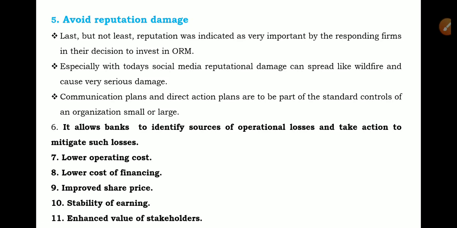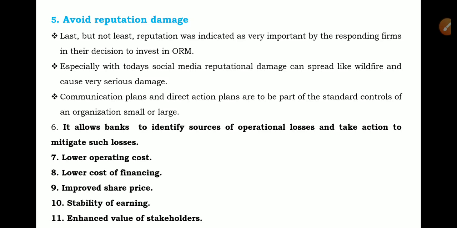And finally, through operational risk management, we can enhance the value of stakeholders. Enhancing the value of stakeholders will happen through operational risk management. So this is why we can invest in operational risk management.